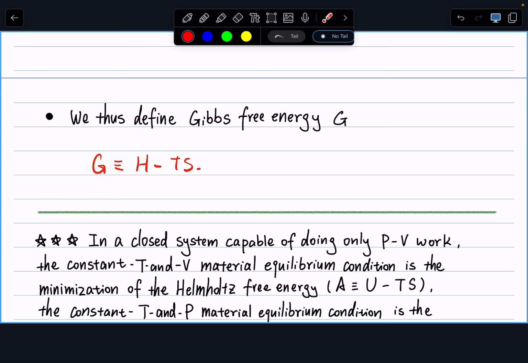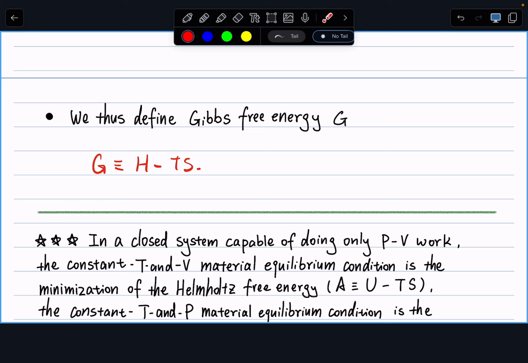Or if we're doing the same kind of analysis here, thinking about how my Gibbs free energy changes with respect to time, or the process of my equilibrium, well, we have G with respect to time, right? So what do we know?